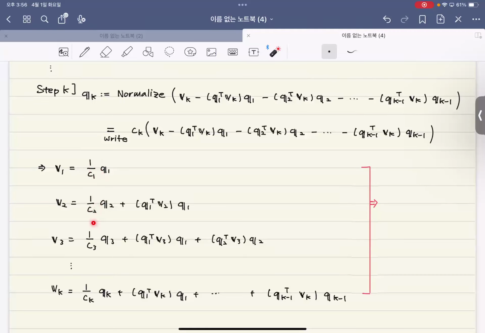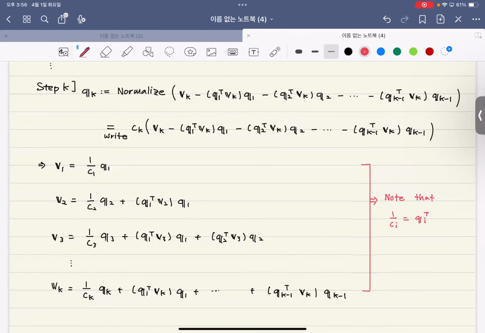All these numbers turn out to be, 1 over Ci turns out to be actually Qi transpose Vi, the inner product of Qi and Vi, right?